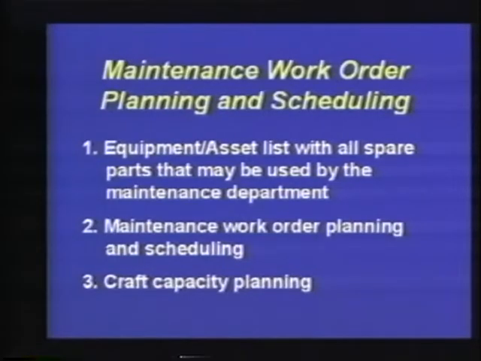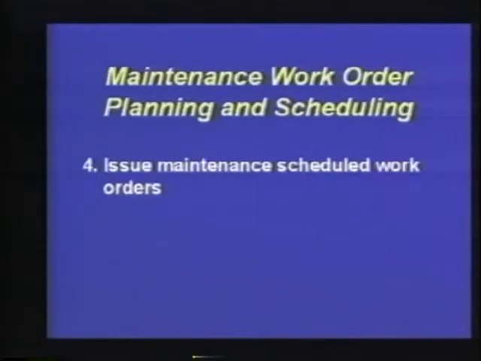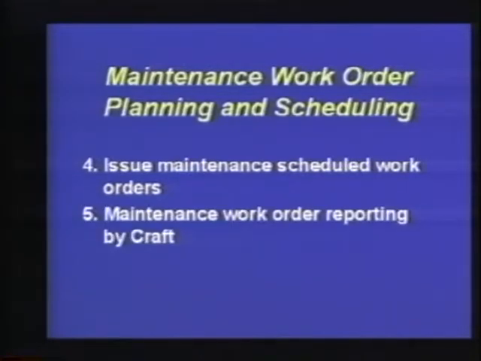Externally, we may need, let's say, some contractor support. We issue schedules for the work orders so we can look out into the future and determine what our workload is relative to capacity requirements. And then after the work is actually accomplished, we will develop the financial analysis for this internal planning.